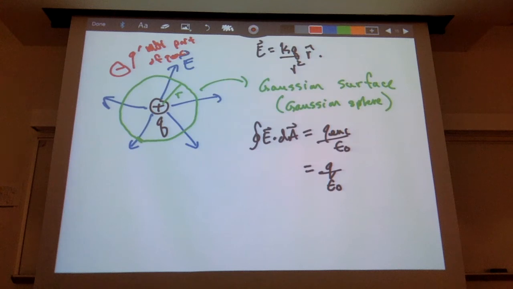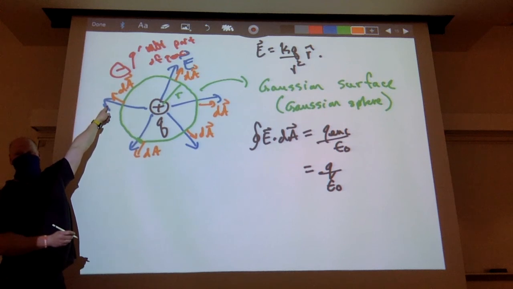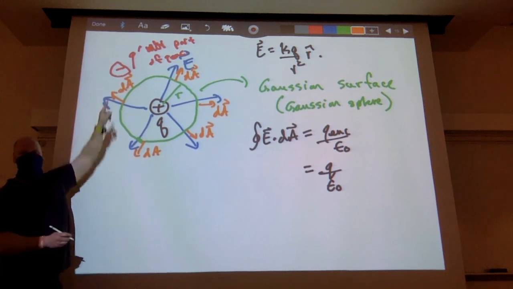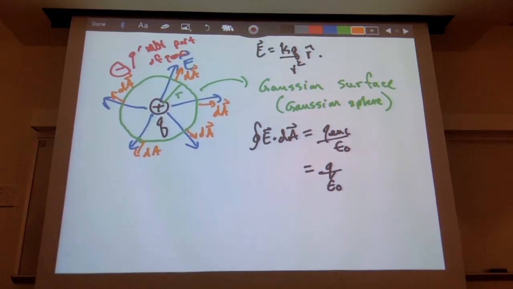Now let's do the left-hand side. First, we can draw our differential area vectors: here I have a dA, here a dA, here a dA, here a dA, here a dA. What can you tell me about the direction of dA relative to the direction of E? It's in the same direction.